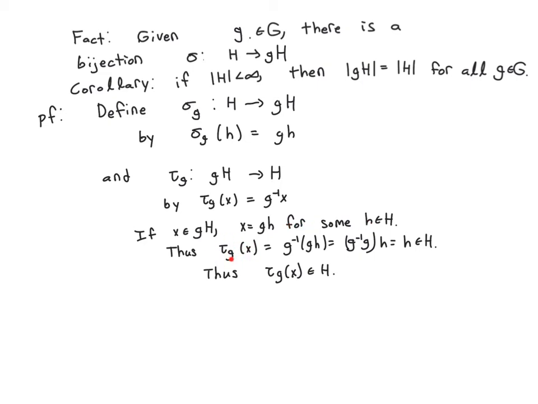Then tau multiplies on the left by G inverse. By associativity, I can move the parentheses over. G inverse times G cancels, and I end up with an element in H. So congratulations, my codomain is correct. So I do in fact have functions from H to the coset, and from the coset back to H.